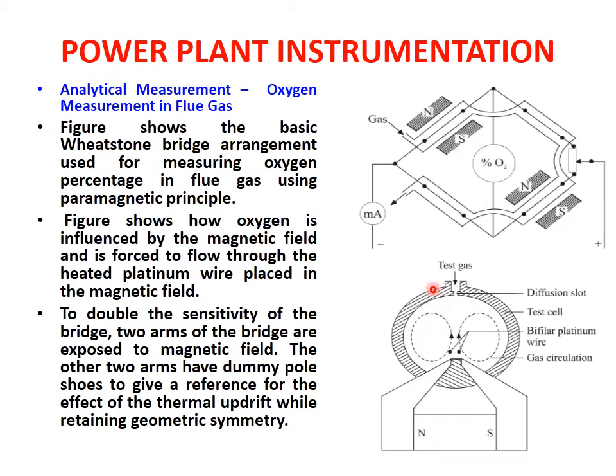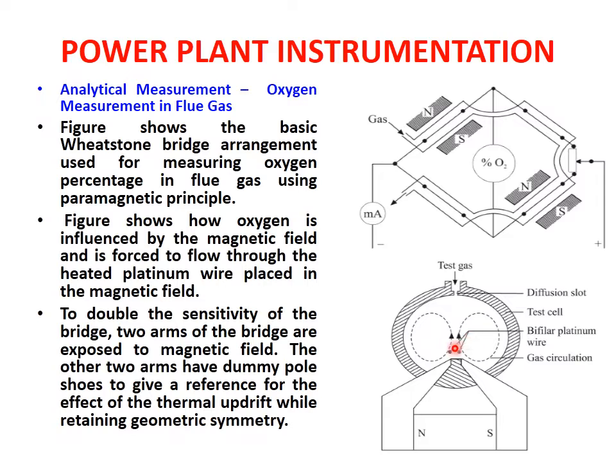This is the diagram showing the paramagnetism of the oxygen measurement. You can see here that there are four arms of the Wheatstone bridge circuit, and at the lower end a north pole and a south pole are applied, and this is the test gas coming inside the oxygen analyzer.